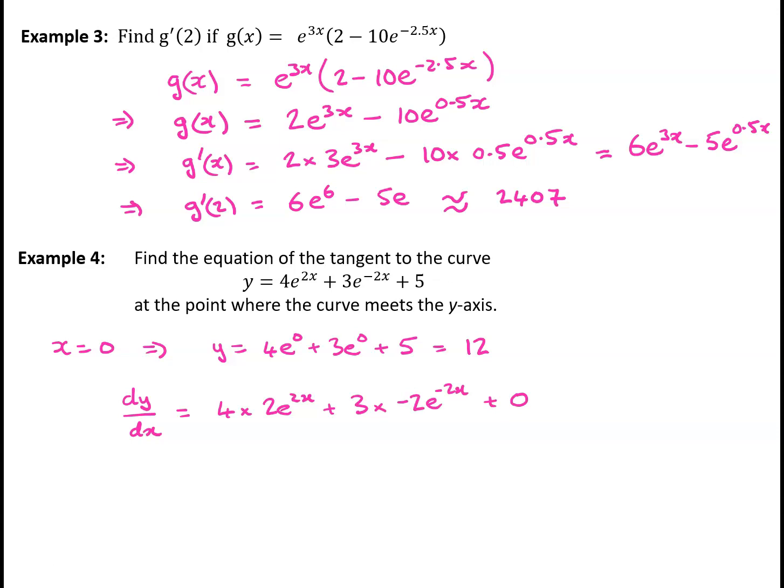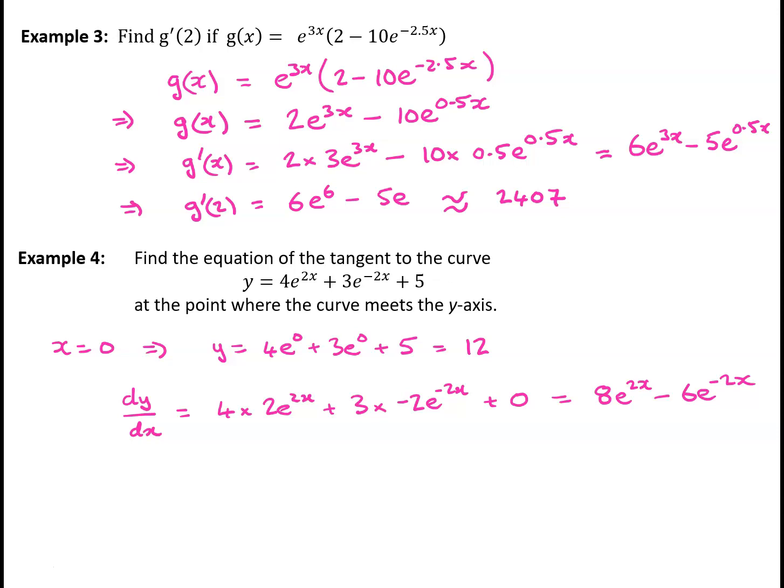Differentiating, we've got dy by dx is going to be 4 times 2e to the 2x plus 3 times minus 2e to the minus 2x plus the gradient of 5, and the gradient of 5 is 0. So we've got dy by dx is 8e to the 2x minus 6e to the minus 2x.